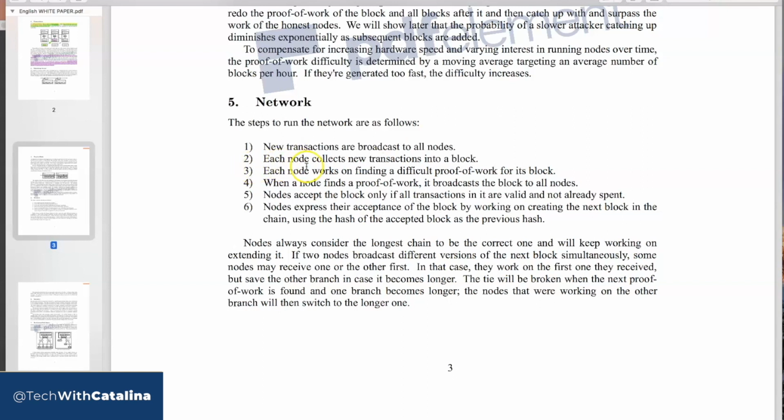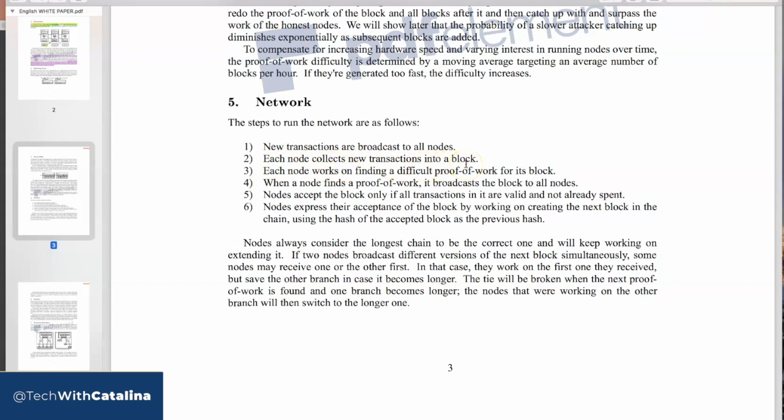Number 2, each node collects new transactions into a block. Satoshi here is calling the miners nodes, because miners are a type of node, but he is just calling them nodes. So the nodes are going to collect the new transactions into a block.